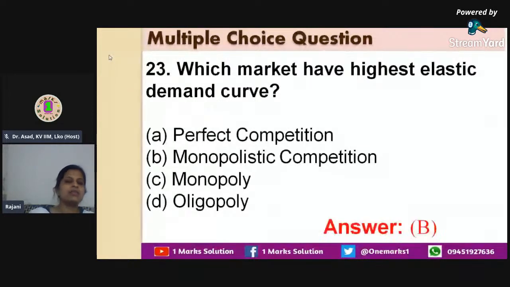Yeah, because we know that it is more responsive, with a large number of firms and many buyers, and product differentiation is there, so highly elastic. So the correct option is monopolistic competition.